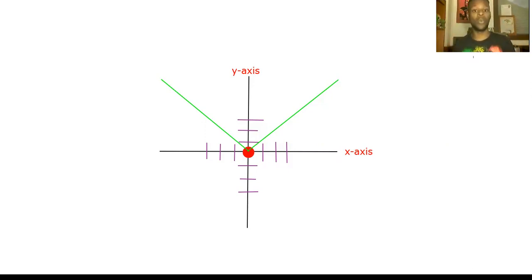It just depends on what type of transformations are acting upon the original parent function. Okay, that's the parent function. So let me go ahead and pause again, and then I will pick up on the next function.